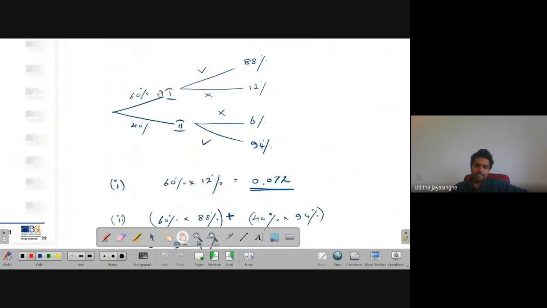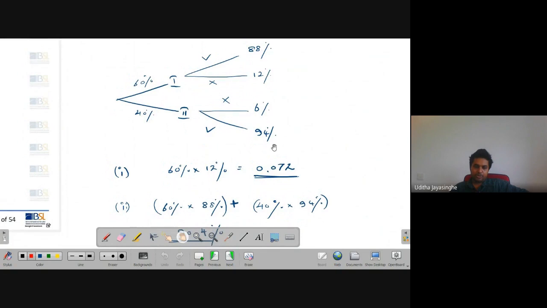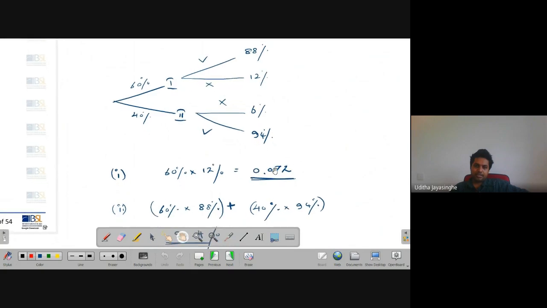So 60% line 1, 40% line 2, 88 is going to be accepted from line 1, 12 will be rejected in that case, and 6 and 94. So the first answer is going to be 60 into 12. The fault is coming from line A, the answer is 0.072 or 7.2%.